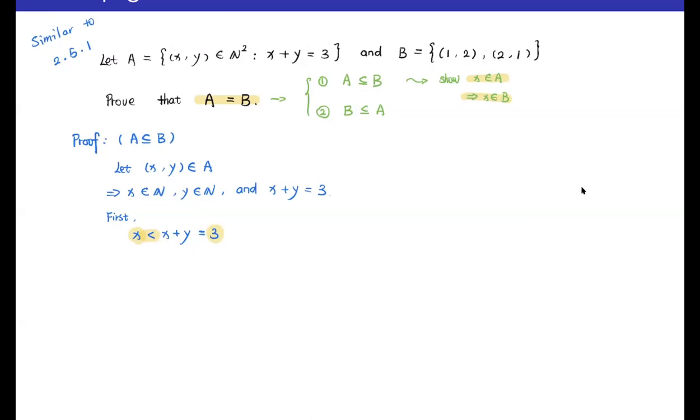And we also know that x is a natural number, which means x is either 1 or 2. Again, how did I get this? First of all, I know x and y are both natural numbers. So I know x is strictly less than x plus y, and I know x plus y equals 3, which means x is strictly less than 3, and we know it's a natural number, so it can either be 1 or 2.